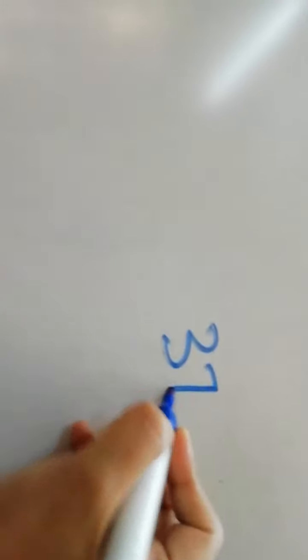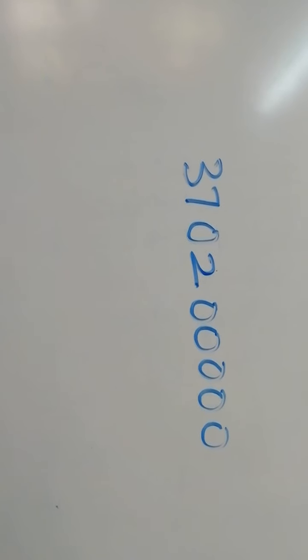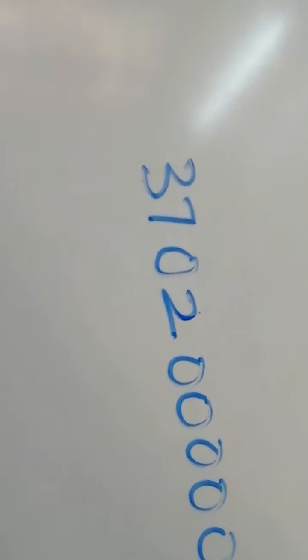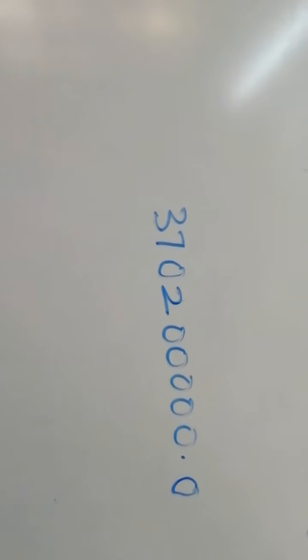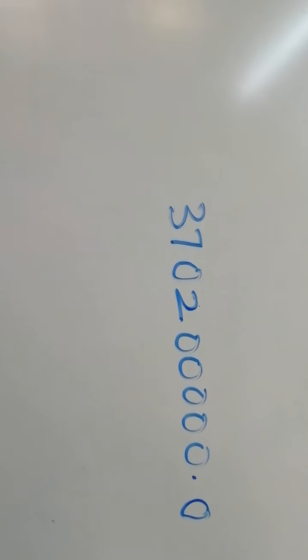There is a sum like this, 370212345 followed by zeros. This sum you have to convert into standard form. Always remember, if it's a whole number, after whole number put a decimal and then 0. Okay, we have to convert this into standard form. Looking at the number, do not get scared.